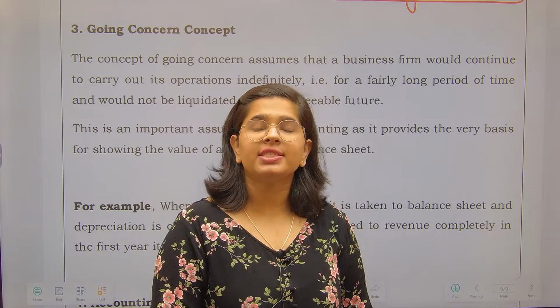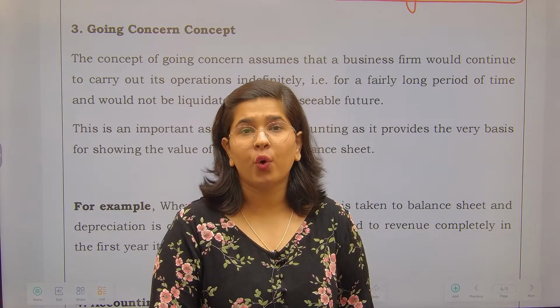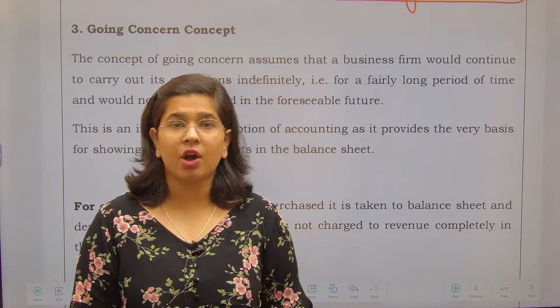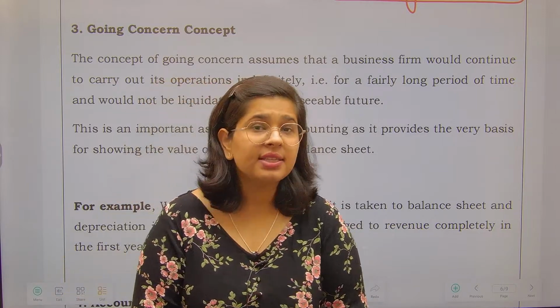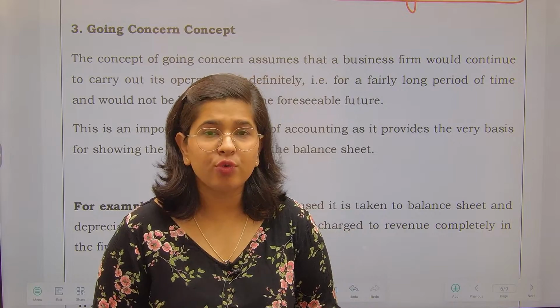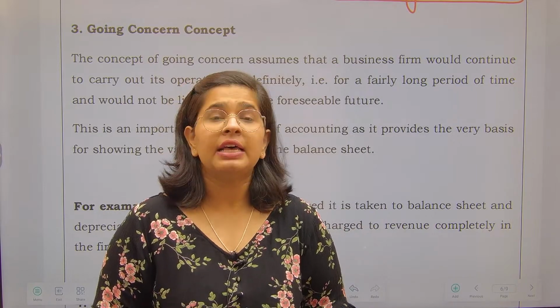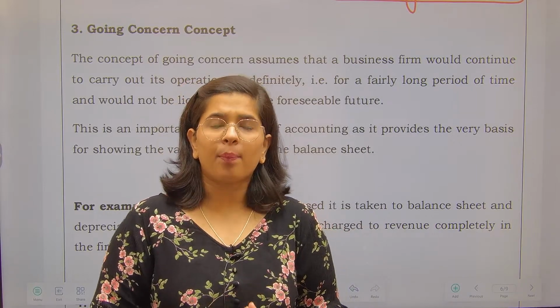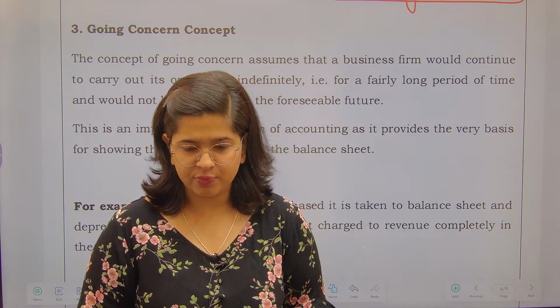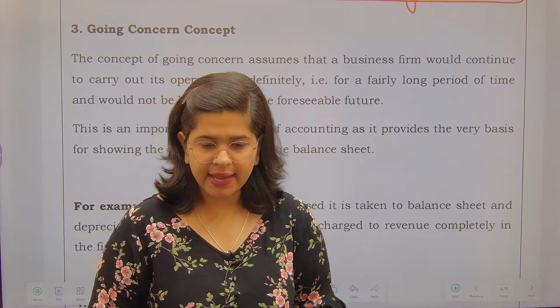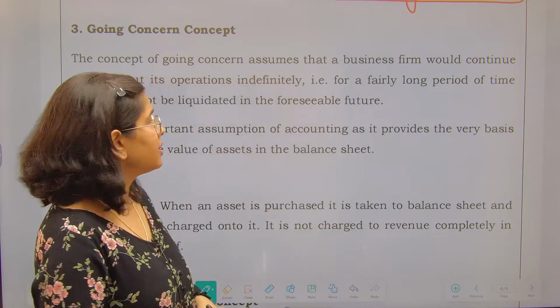If in some year you think your going concern assumption is not holding true, there are situations because of which you might close your business, so you have to make a proper disclosure of that particular situation. So now let's see what is going concern concept.